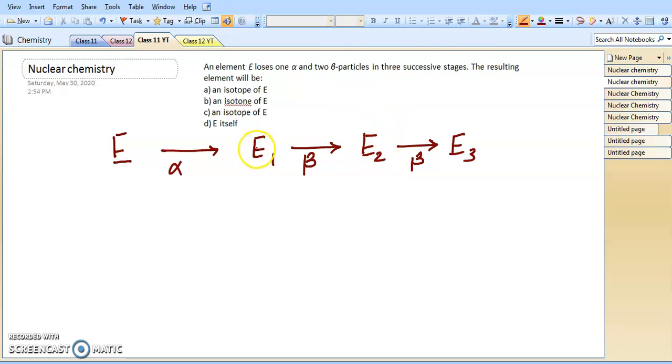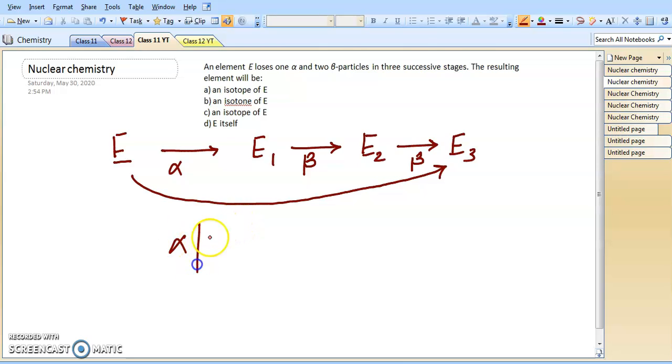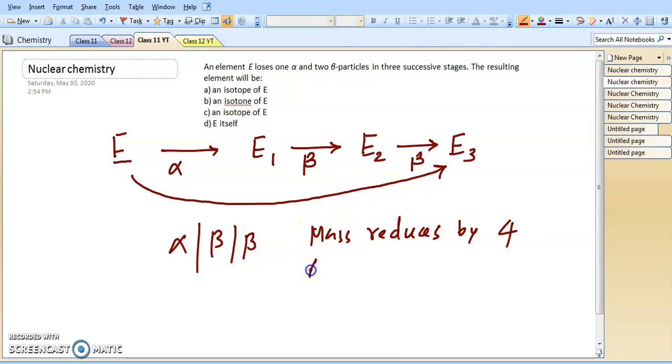Now what they are asking is, what is the relationship between this E and E3 at the end of this third stage? As I said previously, when alpha decay followed by 2 beta decays takes place, the mass number reduces by 4 and the atomic number, that is Z, remains as it is.